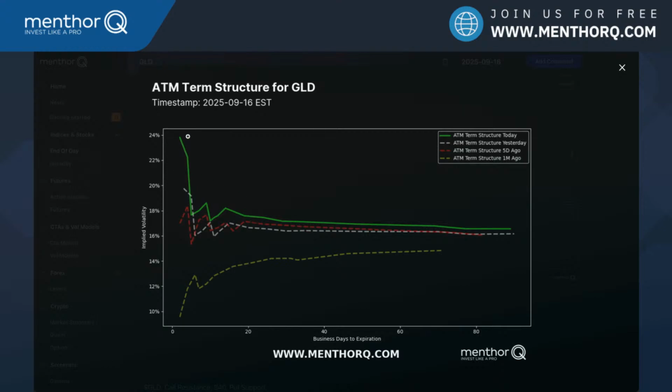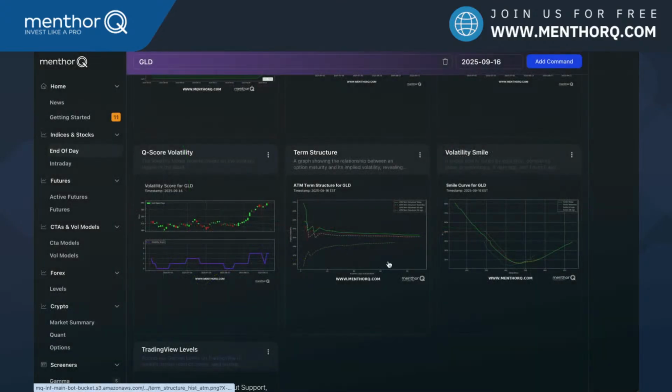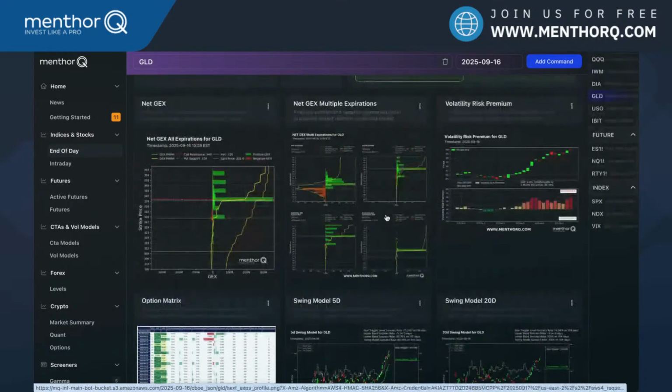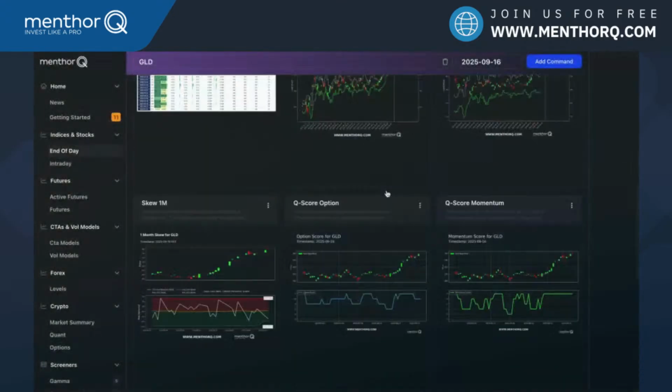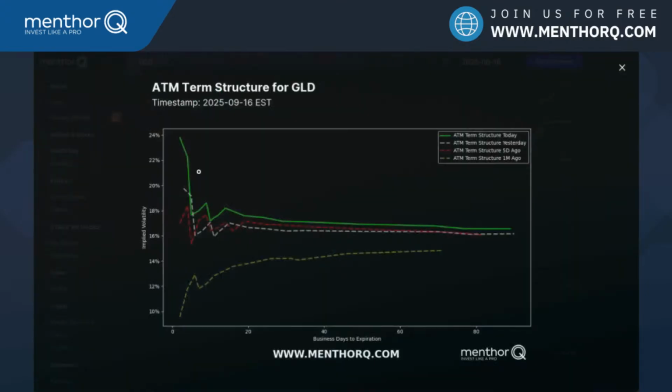We are now pricing higher volatility on the shorter term maturity compared to the previous one. So that means that the market is actually expecting a stronger move on GLD in the near future compared to the tail end of the curve. So again, that could put you in perspective and see, okay, maybe I want to sell options on GLD, but I need to be cautious because the market is also pricing a stronger move in the shorter term, right?